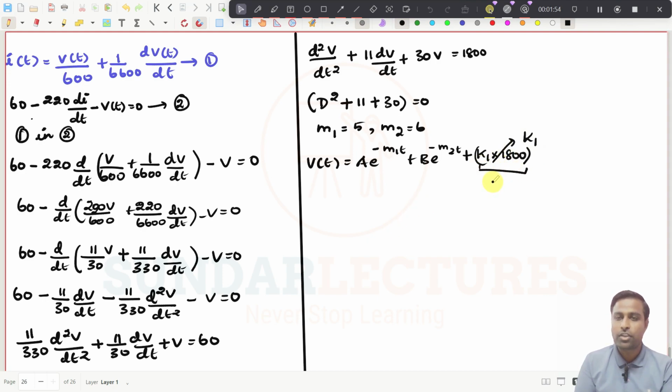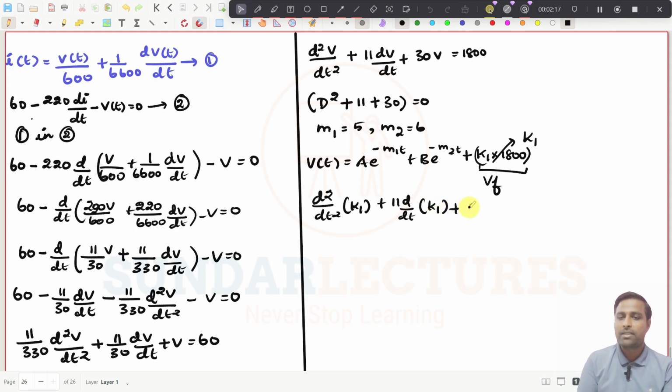This is the solution due to the natural function, and then it will be the forcing function. So this is vf. This alone should satisfy this differential equation, and if you substitute k here, d square by dt square into k1, plus 11 d by dt into k1, plus 30 into k1, that should be equal to 1800.